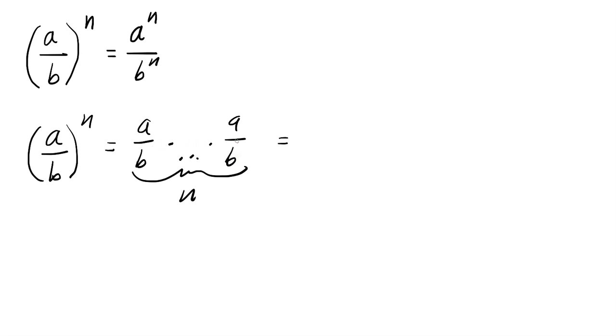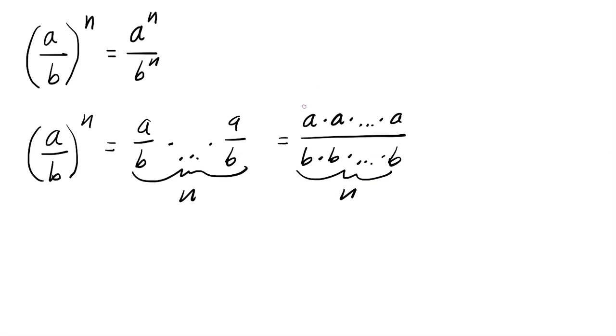But then we use just the rule for multiplication of fractions. We can multiply the numerators and we get n of them, n a's. And we multiply the denominators, we also get n b's. So here we have n, and here we have also n. So this we can write as a raised to the power n over b raised to the power of n. And then we get just this rule here.